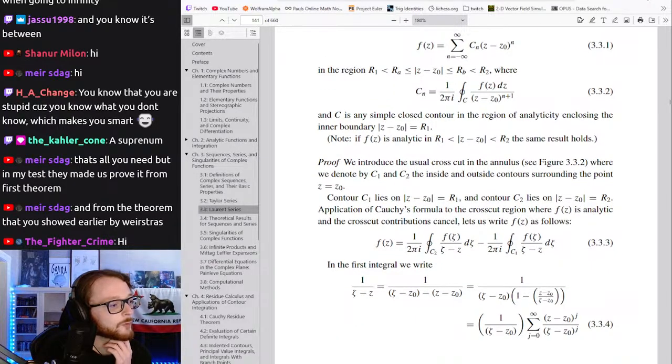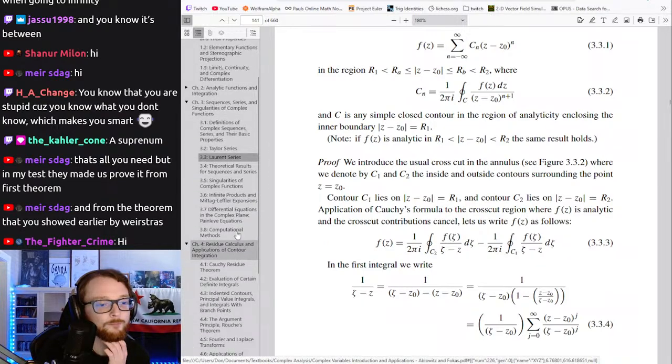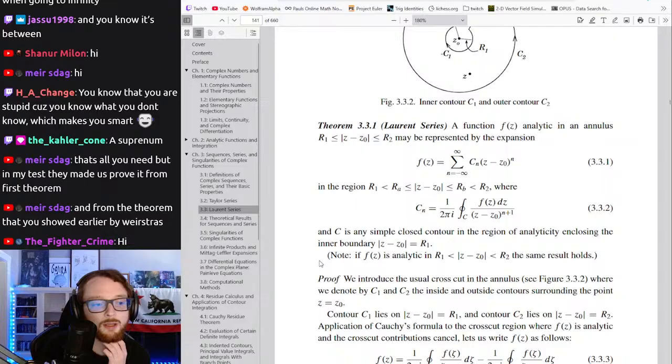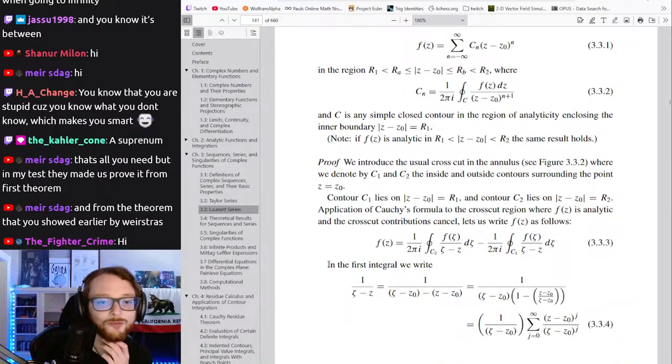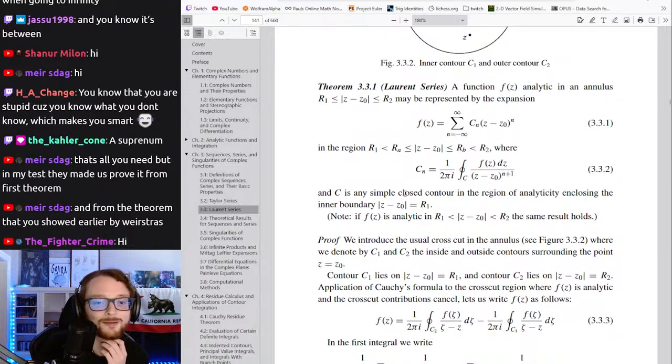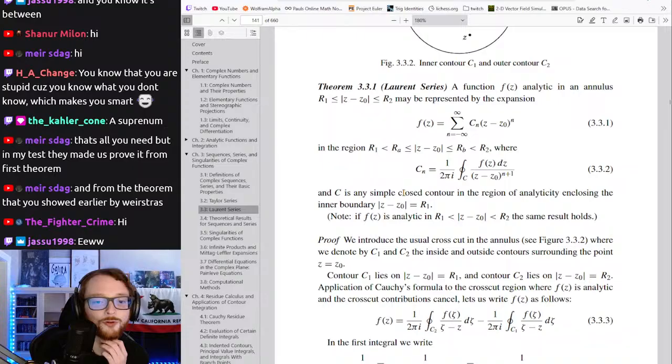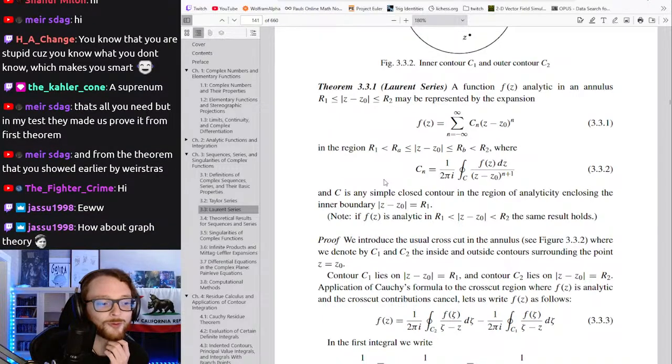Barring any further questions, we're going to do complex analysis studying. And so I still want to see what's the deal with hyperbolic secant? How about graph theory?